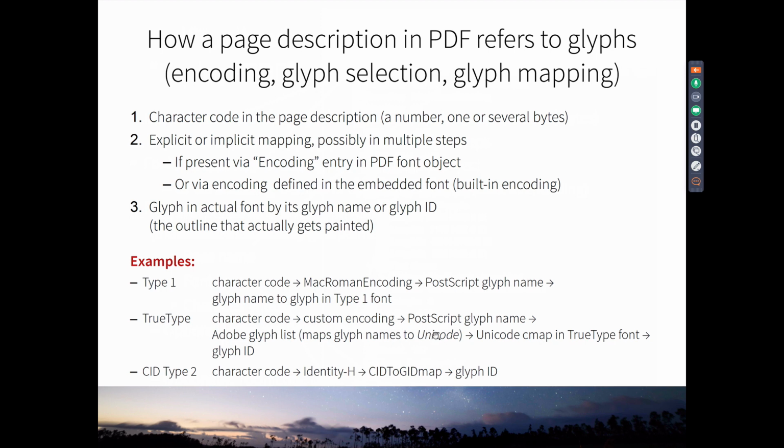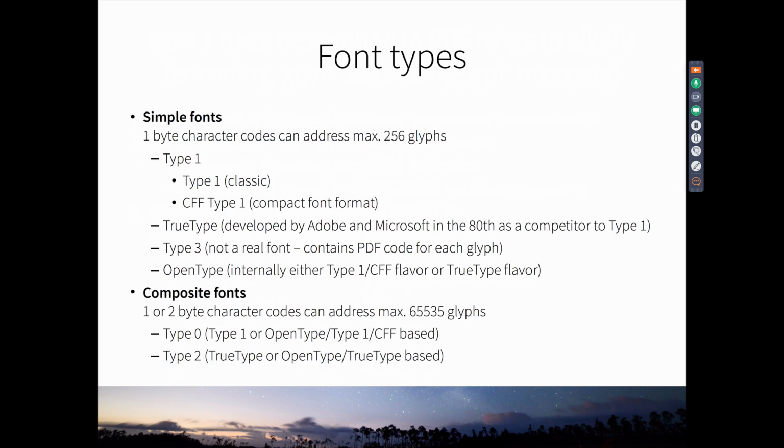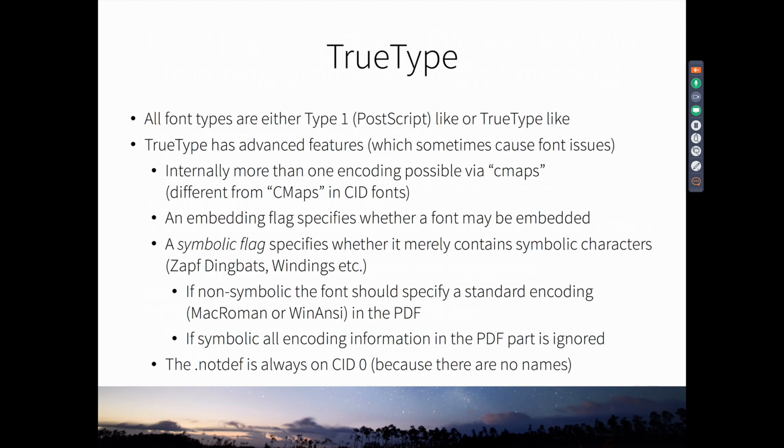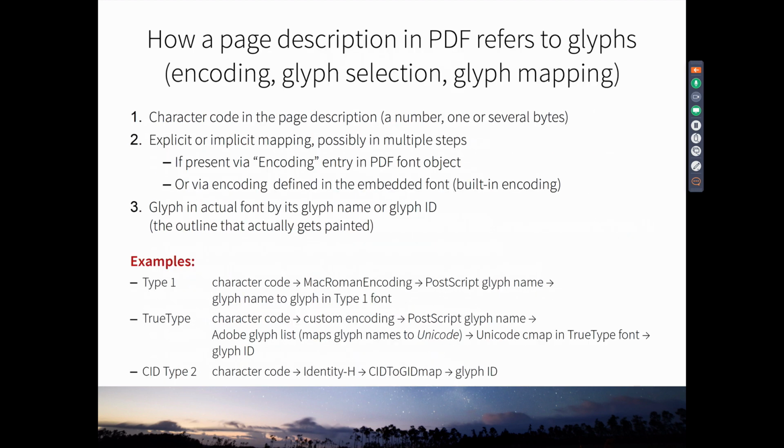Then the PDF processor knows the Unicode value, and if the TrueType font has a Unicode CMAP, we can use that in order to find the proper glyph ID. So far, and again, this is about how to find the glyph ID from the character code.